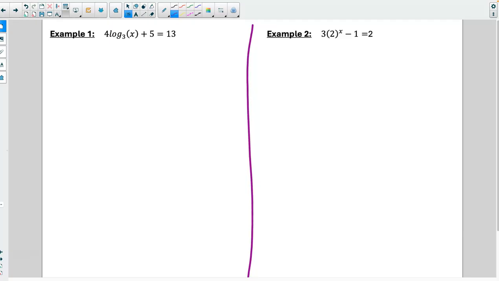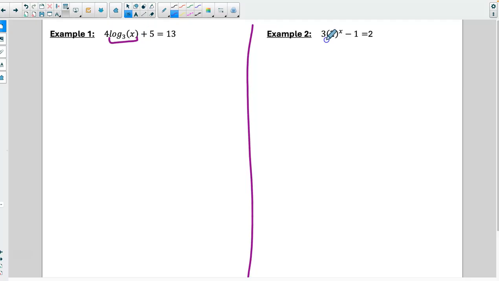Example 1. If I wrote up there on the board, I'll write it on the board since we're taking the video there. If I wrote 4x plus 5 equals 13, you'd know how to solve that, right? That's basically what this problem is for the first part. The first part of this problem is the same as the first part for number 2. The first part is get the log by itself.